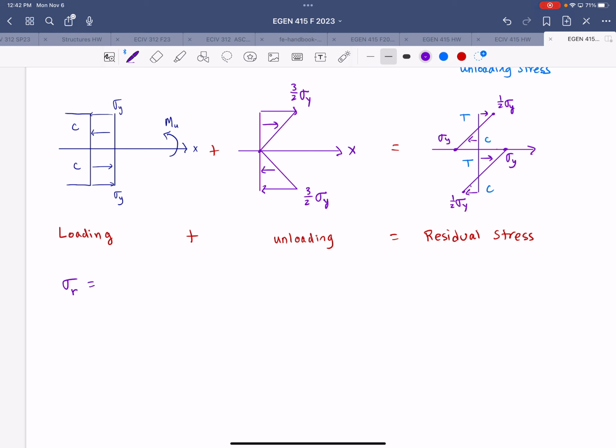We'll call it sigma r, and that's equal to sigma y minus 3/2 times y over c times sigma y, or that yield stress, sigma y, times, in parentheses, 1 minus 3/2 y over c. And that's the residual stress distribution, which is what we just sketched.